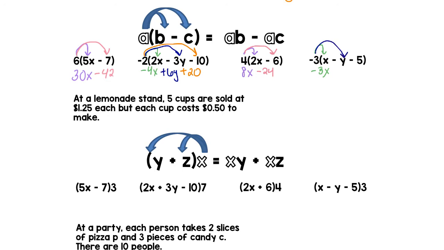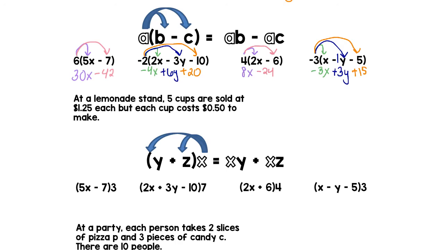If it helps, you can put a 1 in front of that y and realize that you're multiplying -3 times -1, which gives you +3y. Lastly, -3 times -5 is +15.